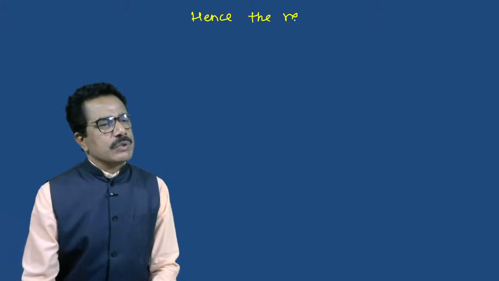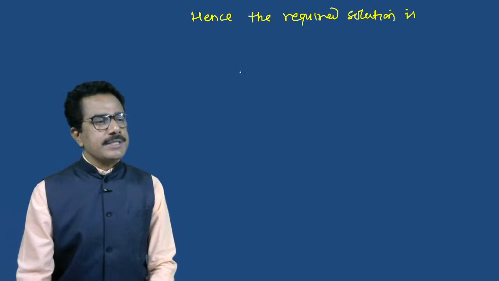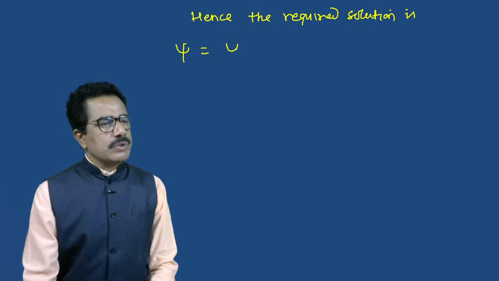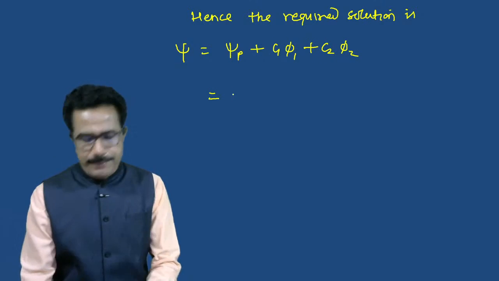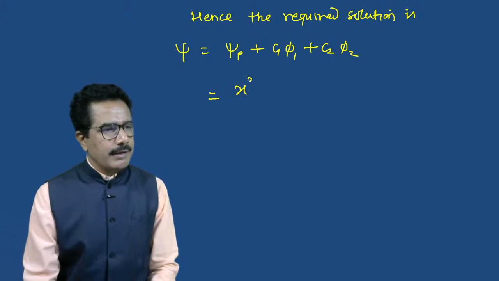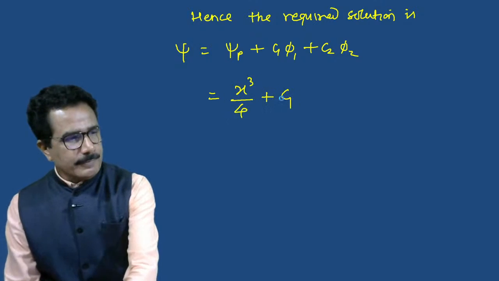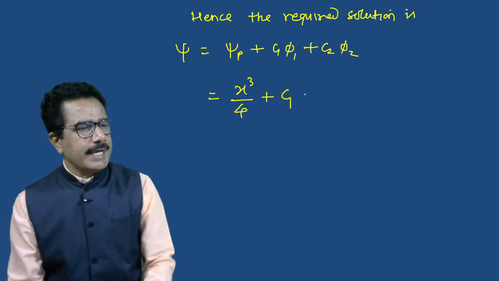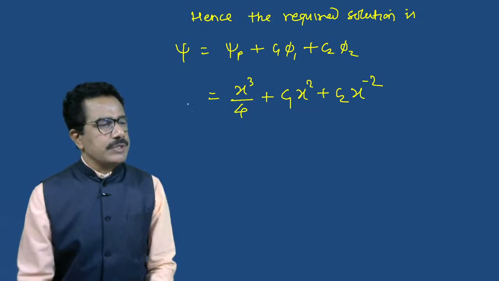Hence the required solution is psi is equals to psi p plus c1 phi 1 plus c2 phi 2. That is psi p means x raised to 3 divide by 4 plus c1 phi 1 म्हणजे x square plus c2 phi 2 means x raised to minus 1.